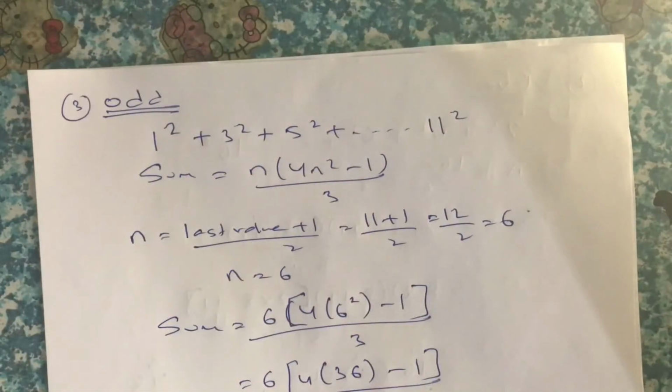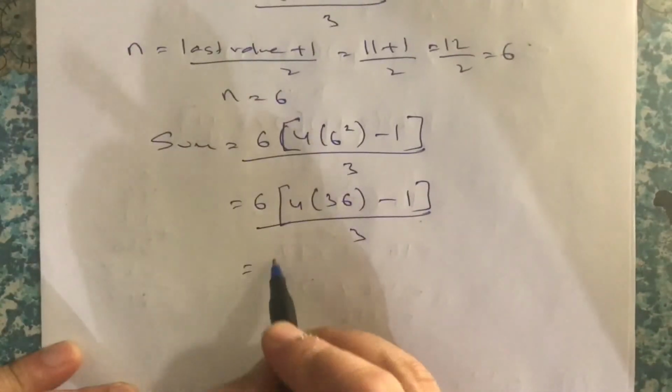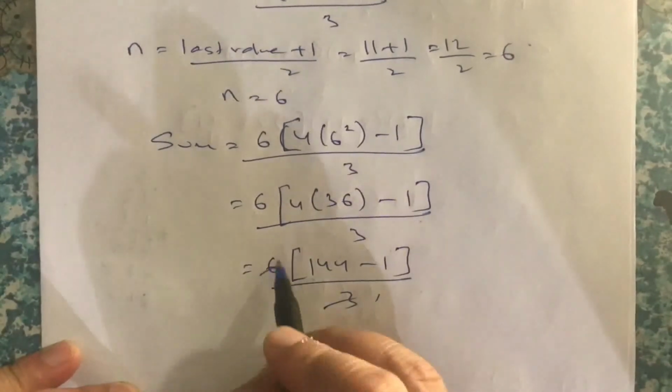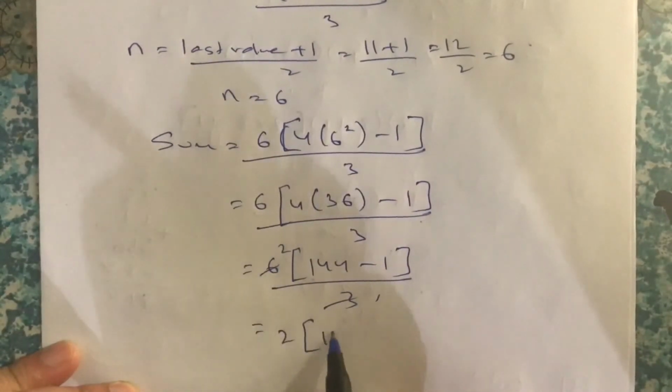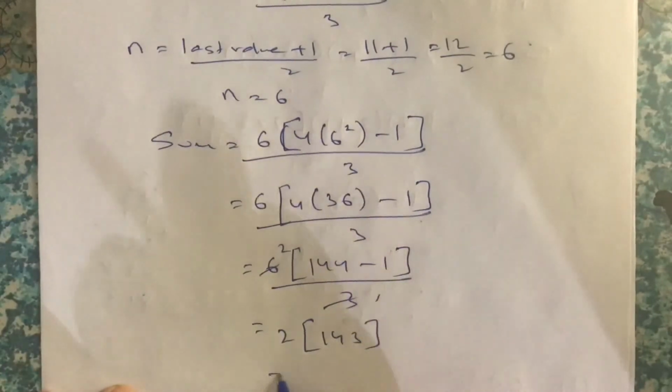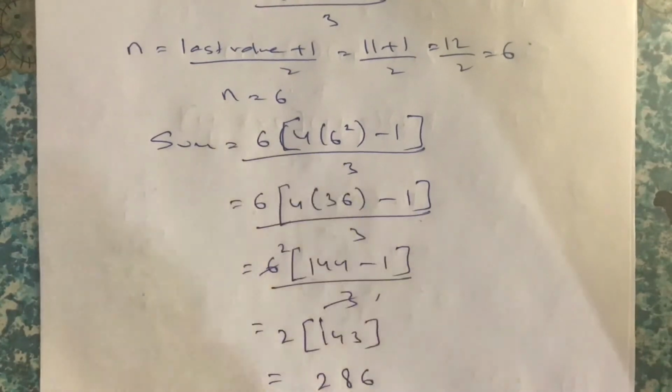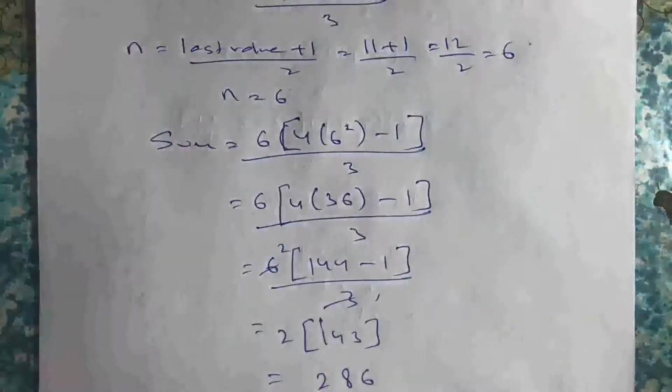Then we just have to multiply 36 into 4. We get 144. So we have 6 into (144 minus 1) divided by 3. This will get cancelled. We have 2 and 143. When we multiply, 3 2s are 6, 3 4s are 12, and so on, and we get 286. So that's the answer that we get for this particular series.